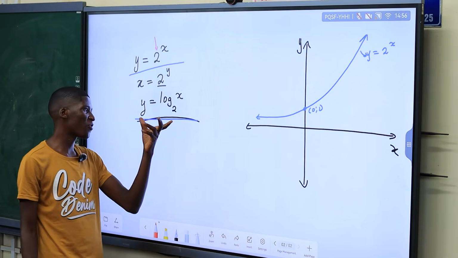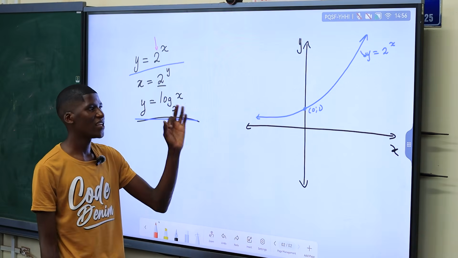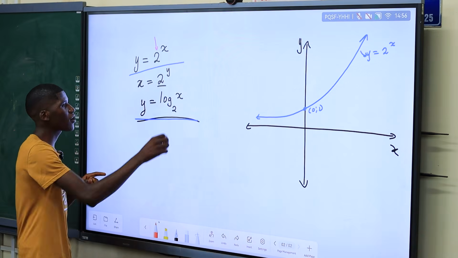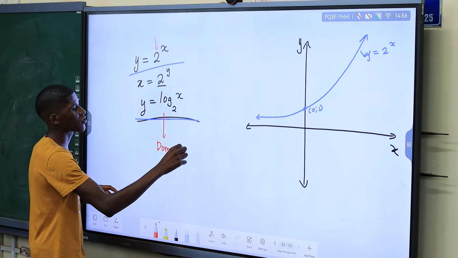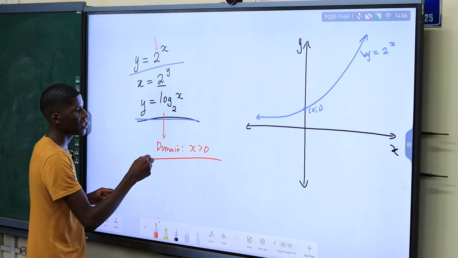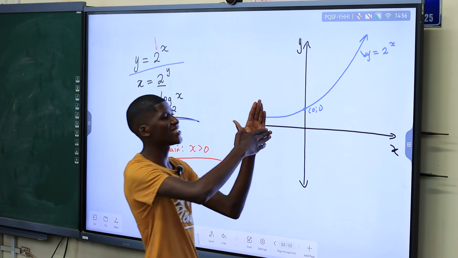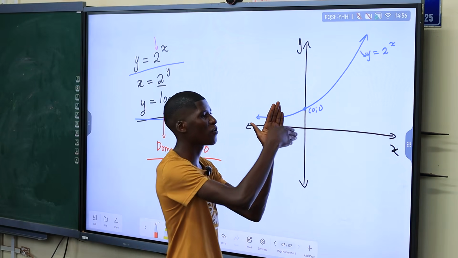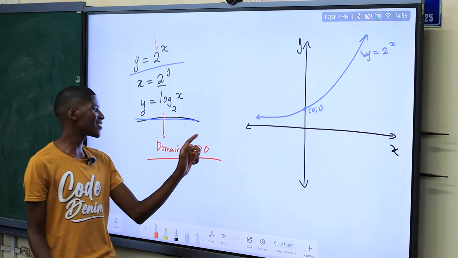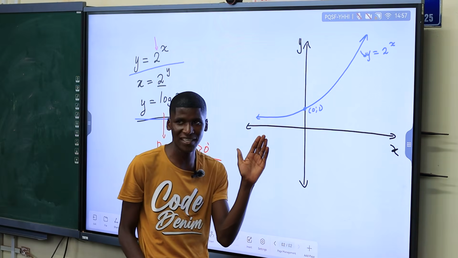What is the domain of any logarithmic function? x must be greater than 0. So to plot a logarithmic function, we know that the domain must always say x must be greater than 0. We can only plot it on the positive side of the x-axis, because x greater than 0 means that we are plotting things on the positive side of the x-axis.